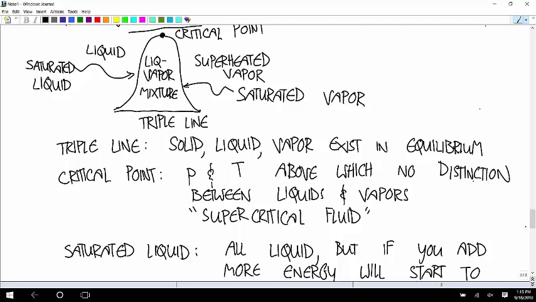And if you have saturated vapor, it's at the boiling point, but you start taking energy away, it'll start to condense. So at first you'll get some droplets of water, you'll still have mostly vapor, and little by little, all of that vapor, as you take energy away, will turn to liquid until you get back over this region.